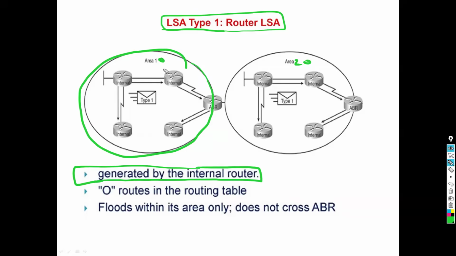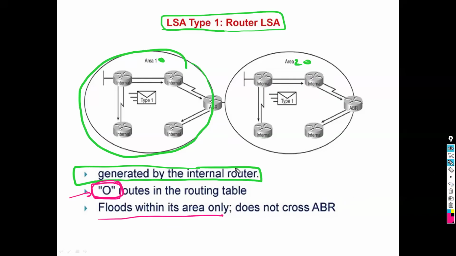Whenever you receive any routes with the O flag, this is LSA 1, called router LSA. Clear my point? The O flag floods within the area only and does not cross the ABR router.